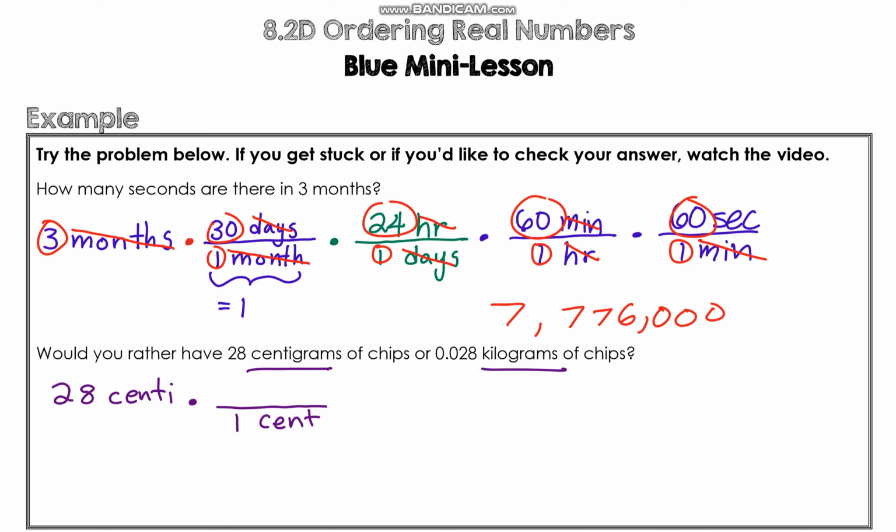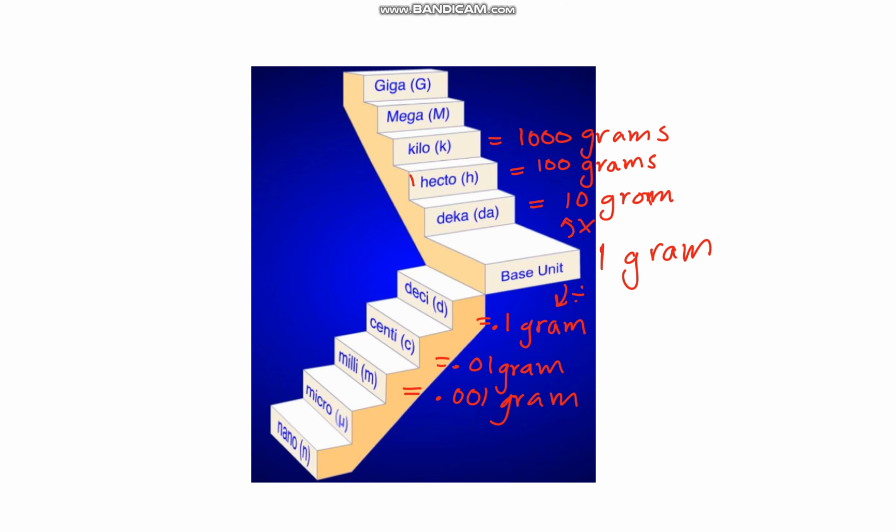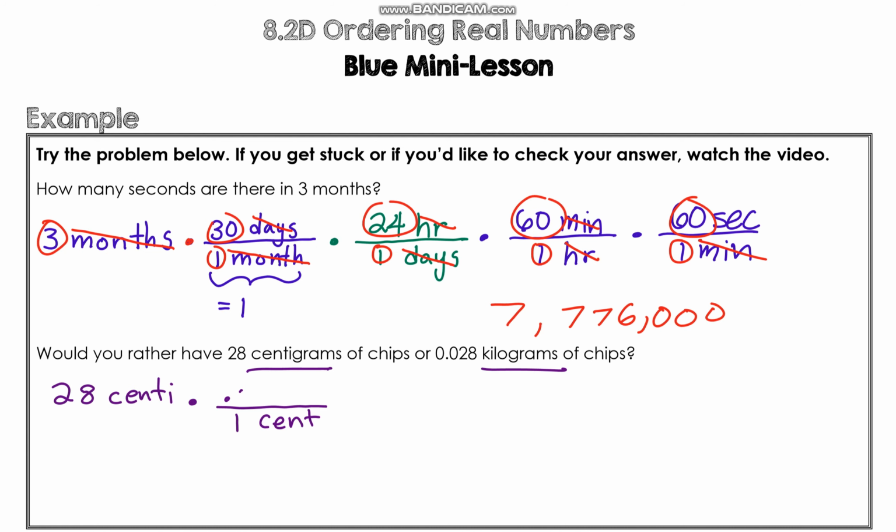So 1 centigram, according to the staircase, is 0.01 grams. Okay, so now I'm going to multiply 28 and 0.01, and that gives me 0.28. The centigrams cancel. 0.28 grams.